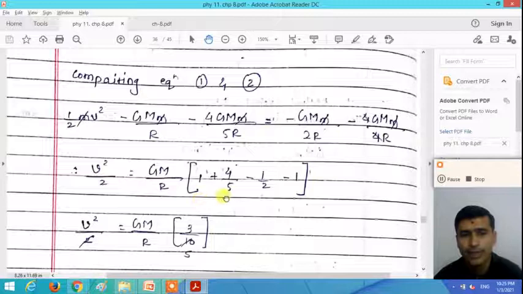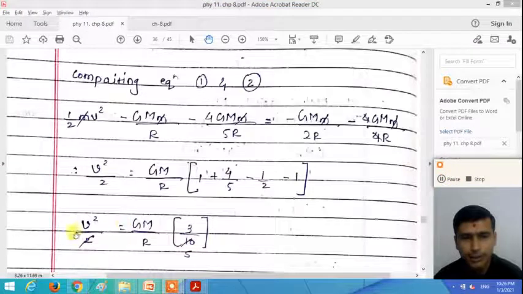So if you take the LCM, what answer do you get? And calculate the formula of the velocity. So here V square by 2 is equal to Gm divided by R into 3 by 10. If you take the LCM of this, you get the 3 by 10, right?